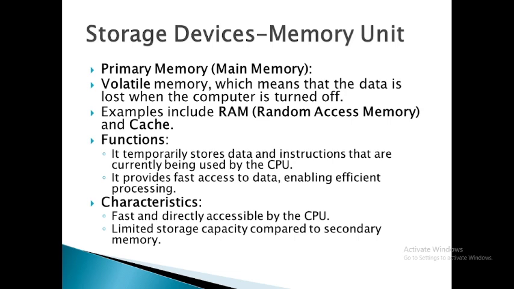The function of a primary memory is to hold data temporarily while instructions are currently being used by the CPU. It also provides fast access to data. This enables the CPU to process data efficiently.